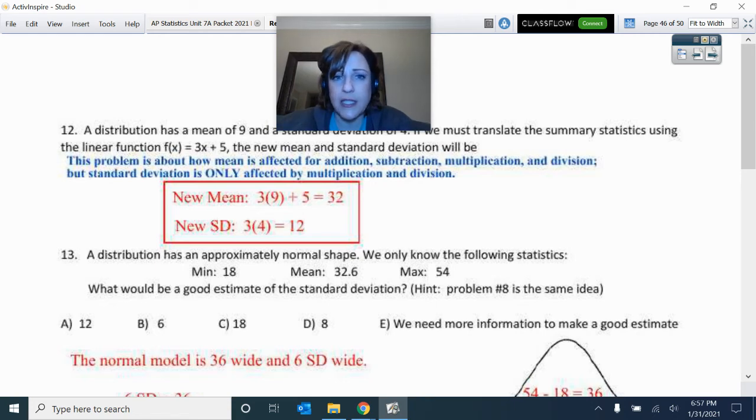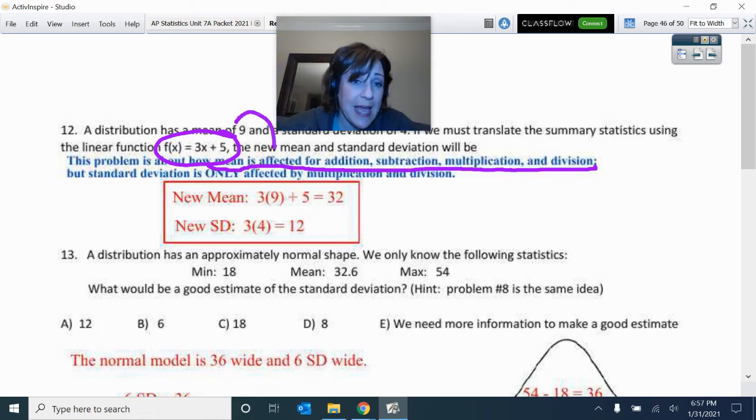This is also an old concept from last semester where we have this function and it's a transformation of 3x plus 5. The idea of this problem was to show you how the mean is affected by all those function properties: add, subtract, multiply, and divide.